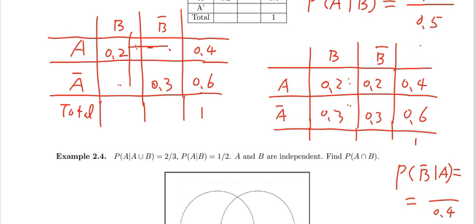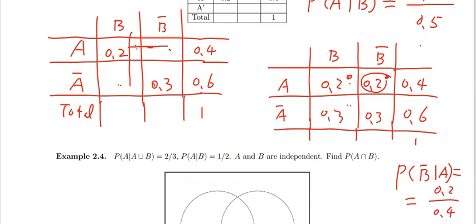So among 0.4, we have the 2 parts, like this part, this part. So this part is B bar. So B bar is 0.2, right? This part B bar, this part B, right?